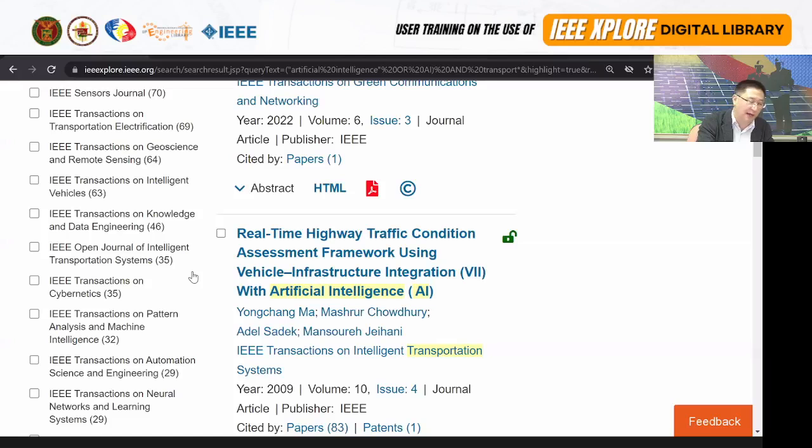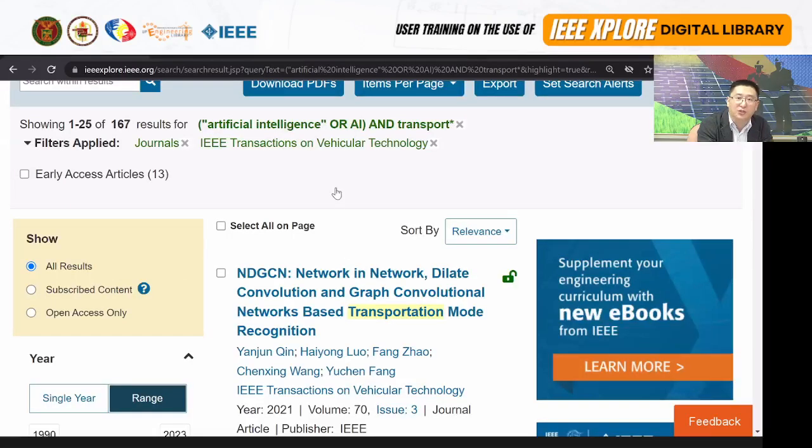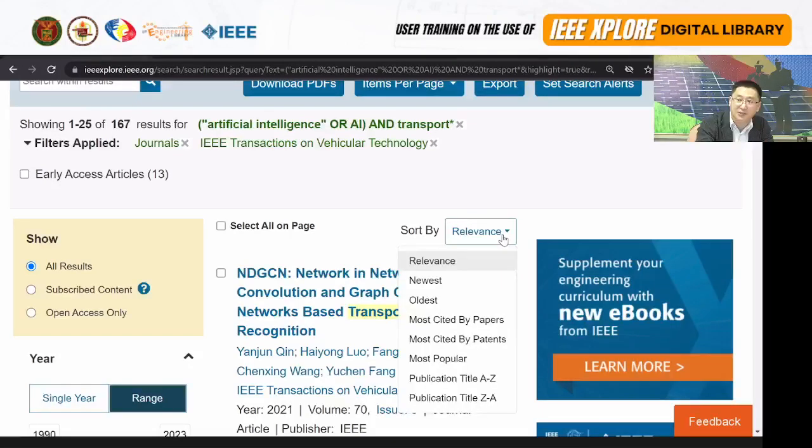I'm sure a lot of you are asking, I have a paper, which journal should I submit to? Well, these are only limited to this particular search. Now, what you need to do is quite a lot of reading, because you have your paper, you know what research you have done, but you don't know what level of research the journal is looking for. Look at the research that is being published, and most cited by papers or by patents. Right, so these are the ones.